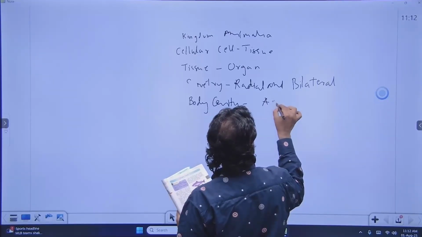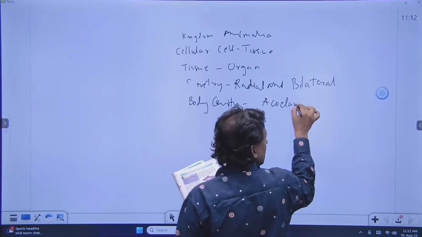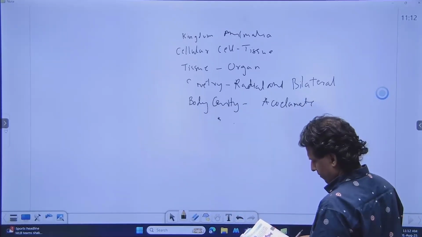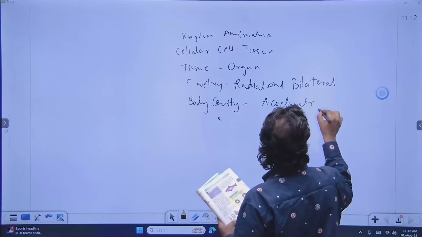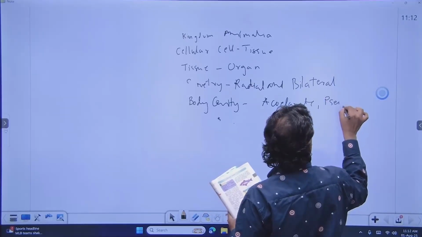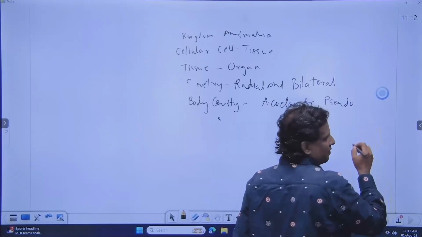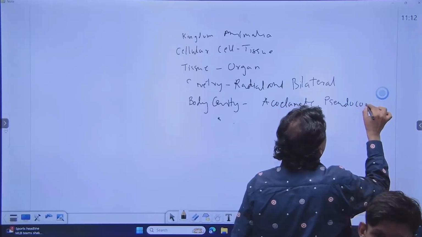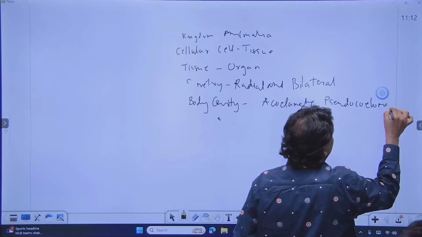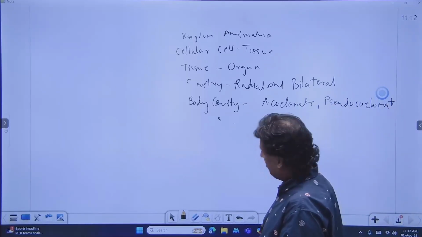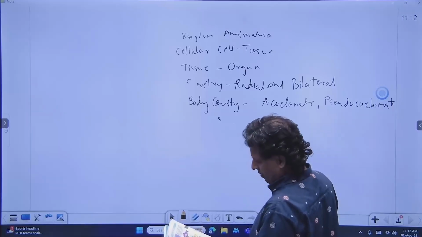It is coelomate, and pseudocoelomate. Pseudo means false. Coelomate and acoelomate.